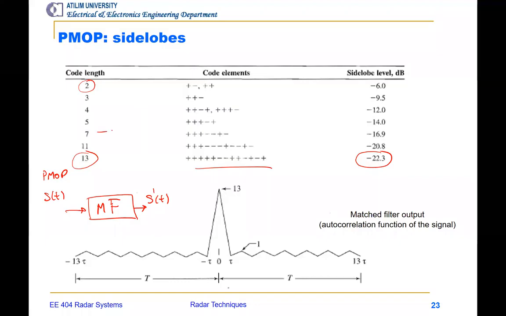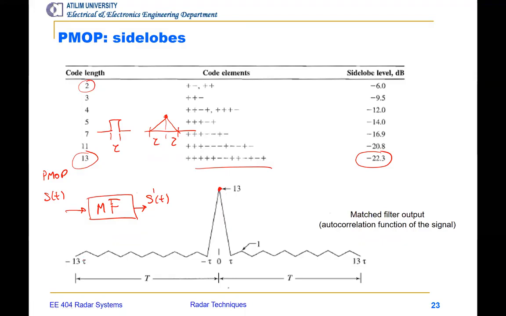Remember that for a rectangular pulse, the output was a triangle. If the pulse duration is tau, then the output duration is tau plus tau, so 2 tau. So we expect a peak at the output to detect the signal when there is noise.